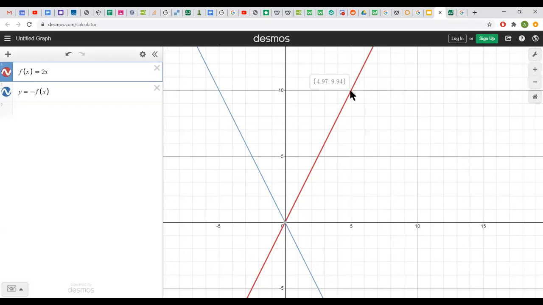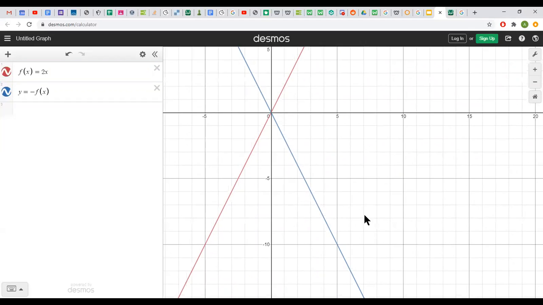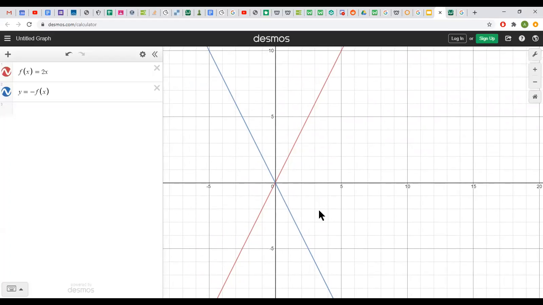In our red line, we have, for example, 5, 10, so in our blue line, we're going to have 5, -10. So our blue line is a reflection of our red line over the x-axis.